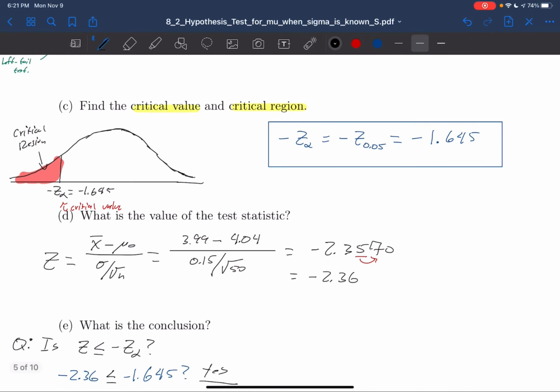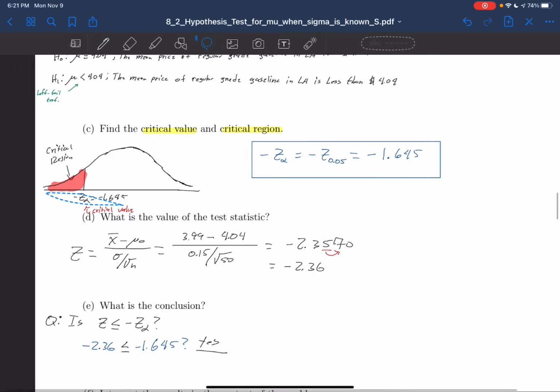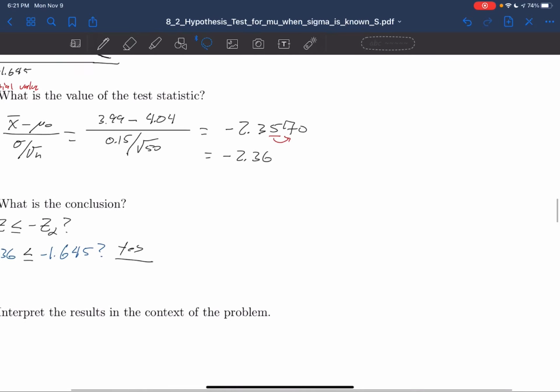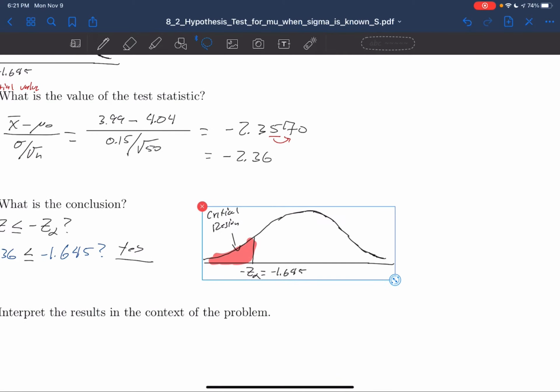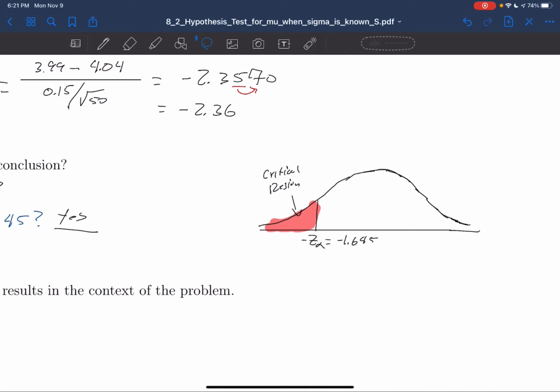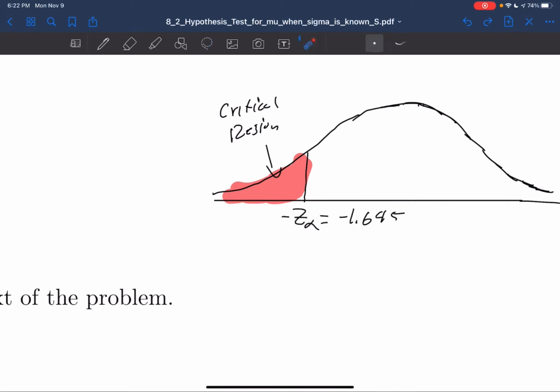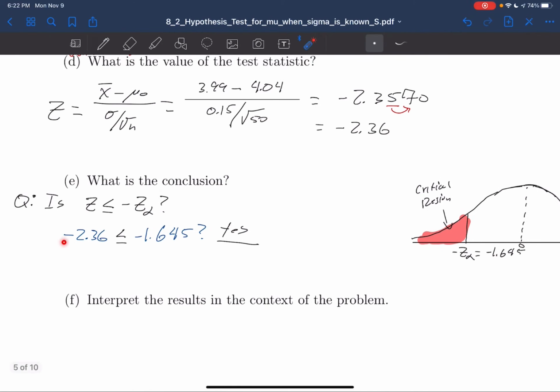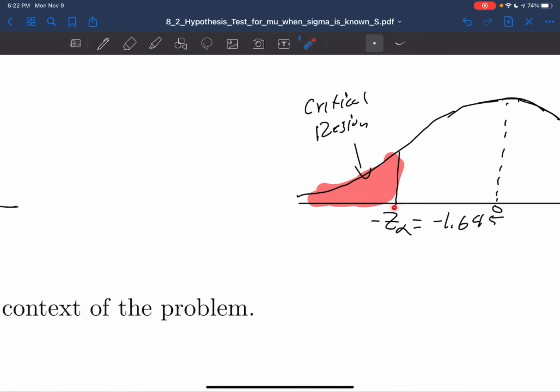There's also another way you could visualize this. Let me just copy this image here. So we know that this is our critical region. And right here, we know that this line is negative 1.645. And we know that our mean, 0, is there. So we want to know, is z, our test statistic, somewhere within our critical region?